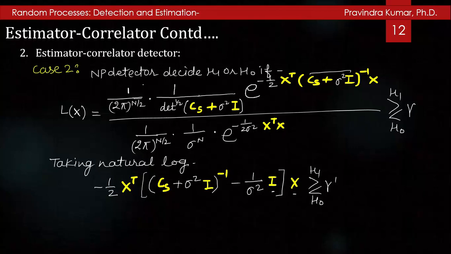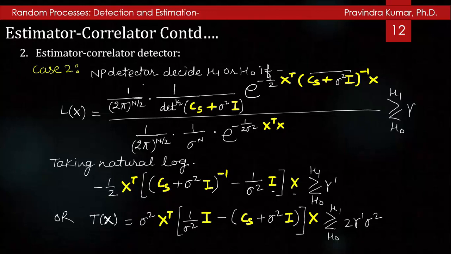Or the test statistic T(x) will be sigma square x transpose into 1 by sigma square I minus the inverse of Cs plus sigma square I, into x, greater or less than 2 gamma dash sigma square.